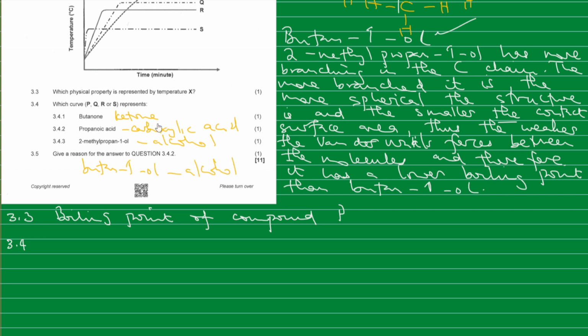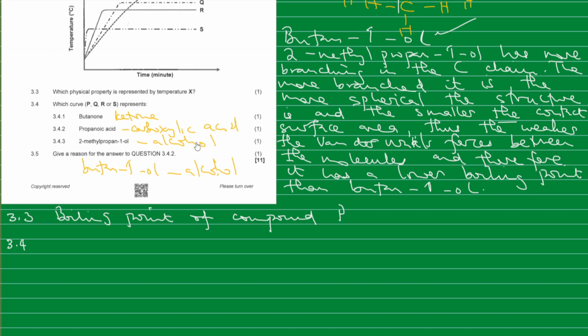Now, when you arrange these in terms of the strength of their intermolecular forces, you'll find that the ketone is the weakest one, because here we've got dipole forces. It has got some weak van der Waals forces, the ketone. And then the carboxylic acid has got hydrogen bonds, and alcohol also has hydrogen bonds.